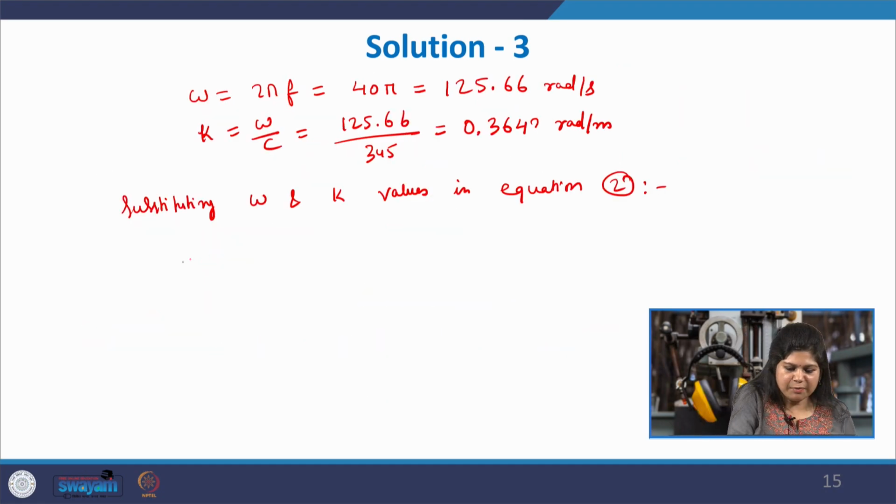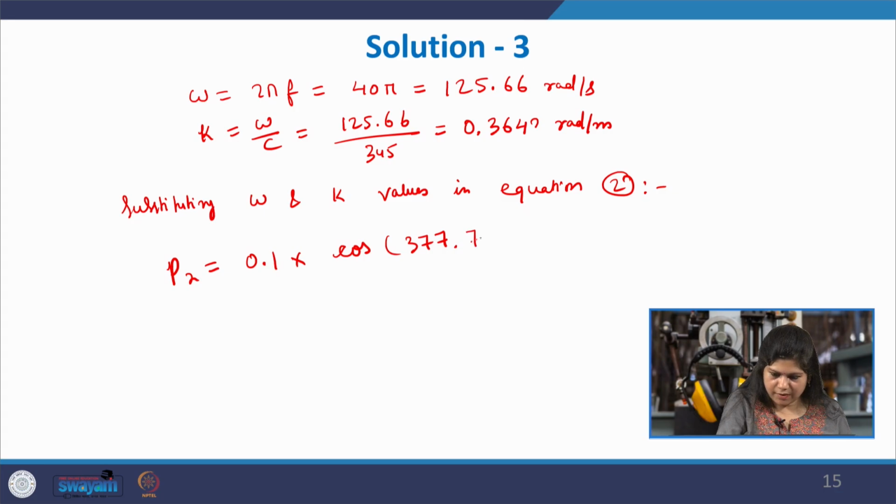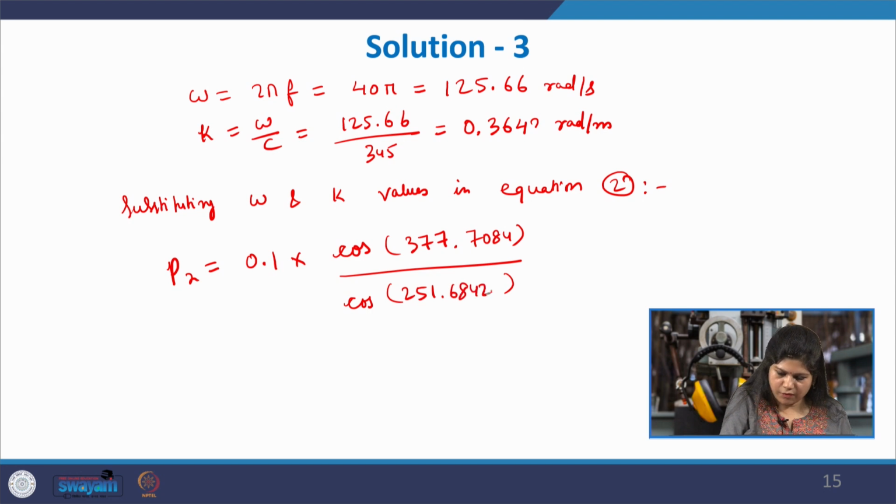P2 would come out to be 0.1 multiplied by cos of 377.7084 divided by cos of the other angle, and both these quantities are in radians. When you solve it further, you end up with this pressure, and this is the pressure that was asked for.